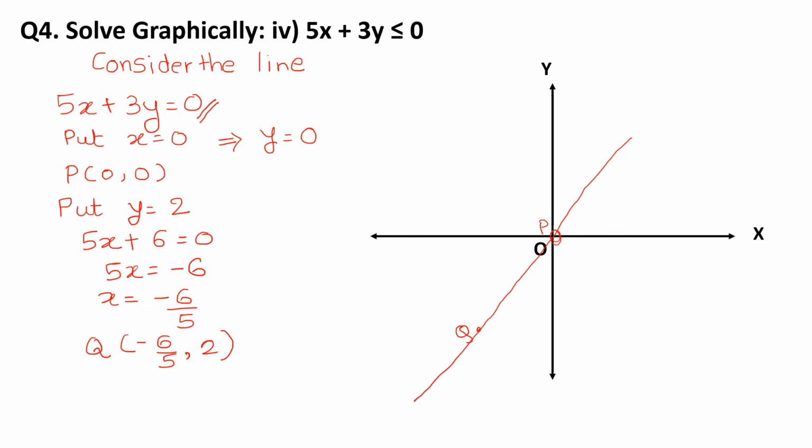I should check now whether it is the origin side or non-origin side. So consider x equal to 1 and y equal to 1 and substitute it in the equation. So I get 5 into 1 plus 3 into 1 less than or equal to 0. So I get 8 less than or equal to 0.